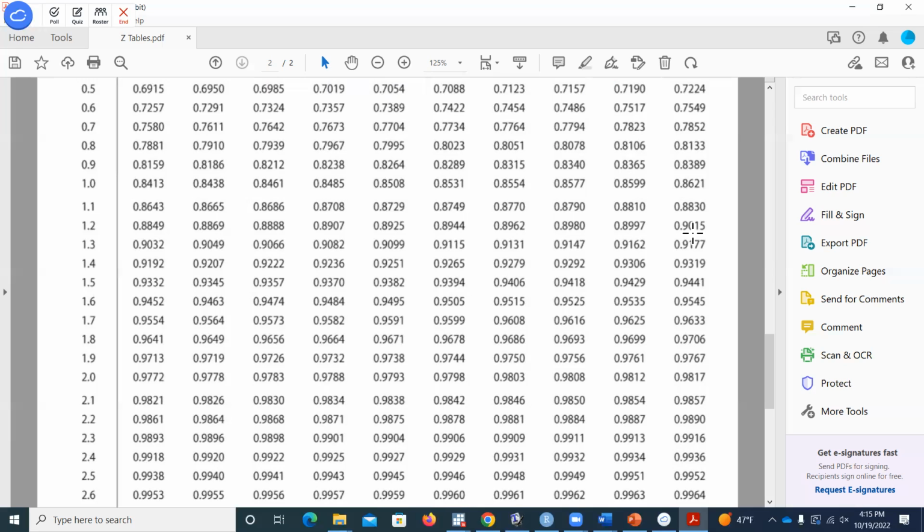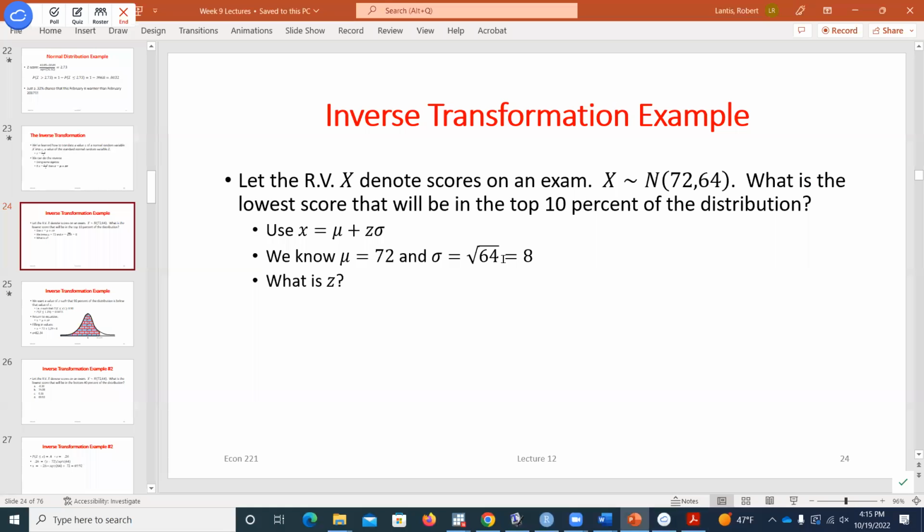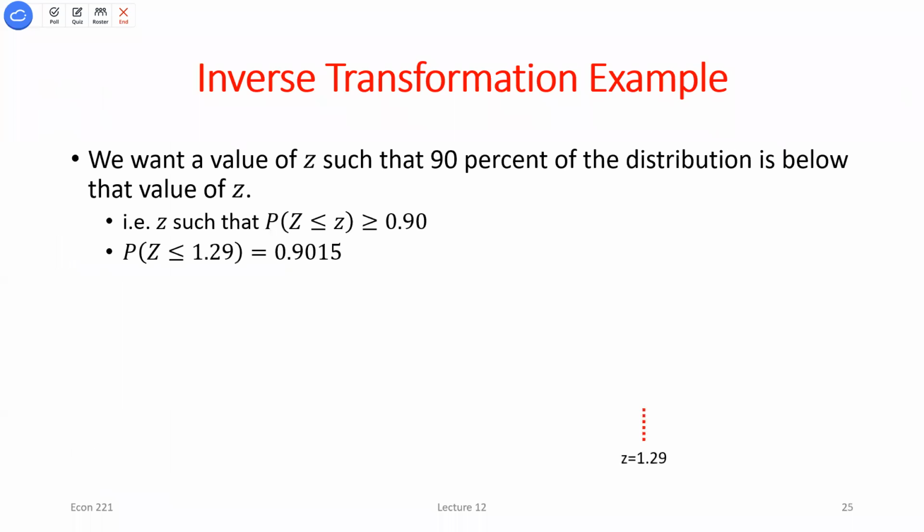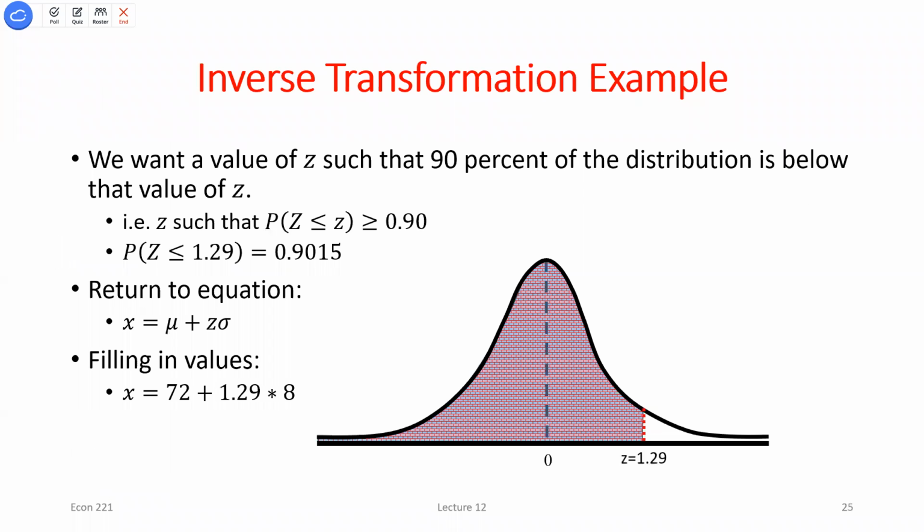So here, 72 plus 1.29 times 8 should give us approximately 84-ish or something like that. So if we actually get this entered into our calculator, no one else gets to it before I do, right? Oops, one more. 82.3, that was close. Right?